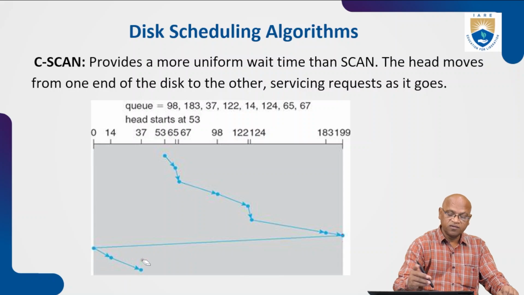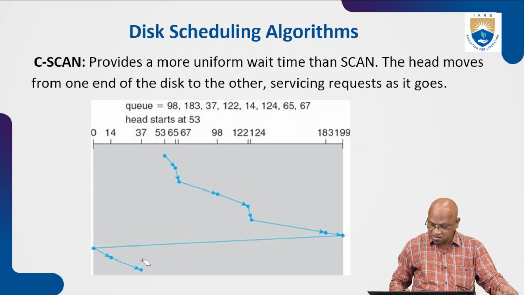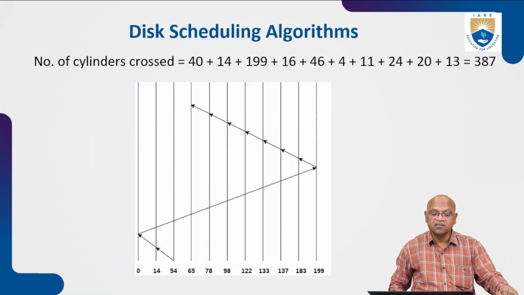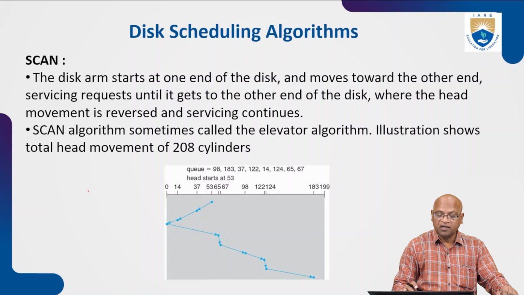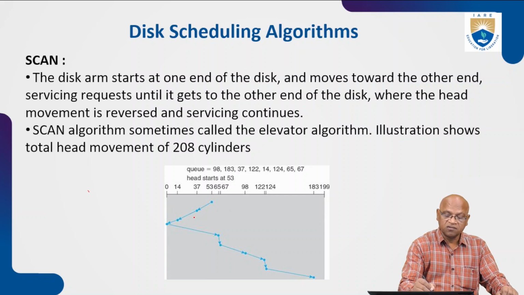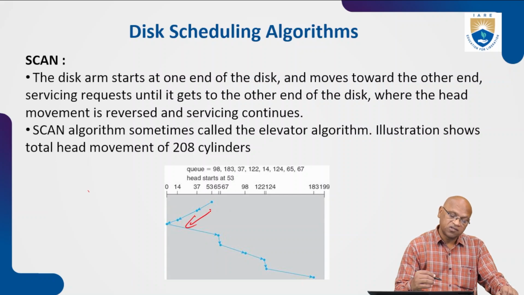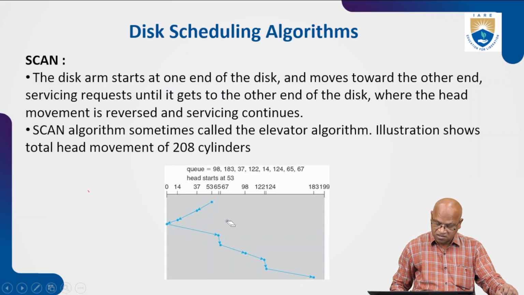If you look at these two diagrams, in scan you will find it like this. It will go to the other end, and it will serve in the reverse direction also. It will serve all the cylinders. Whereas in the reverse direction, it won't serve in C-scan.